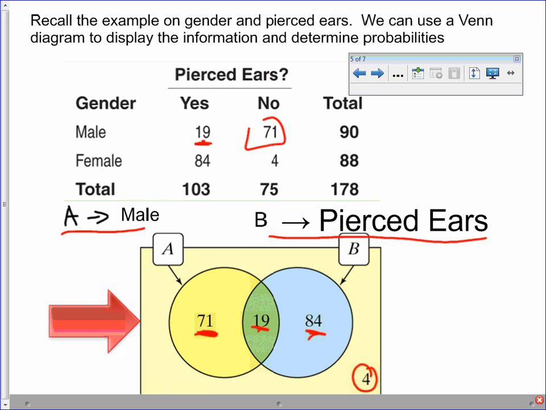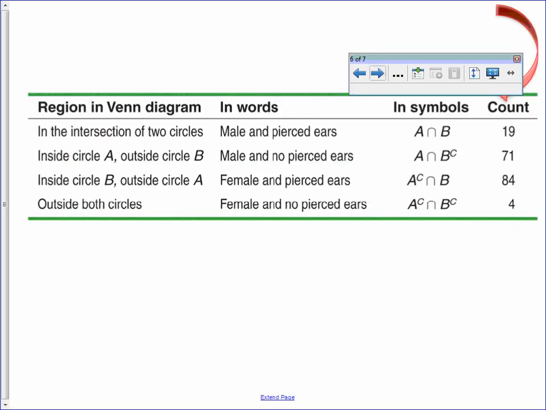When they define A and B, then you go in and you set up your Venn diagram. The key part here is the place where the two events overlap, which in this case is here. And then we can get all this stuff.